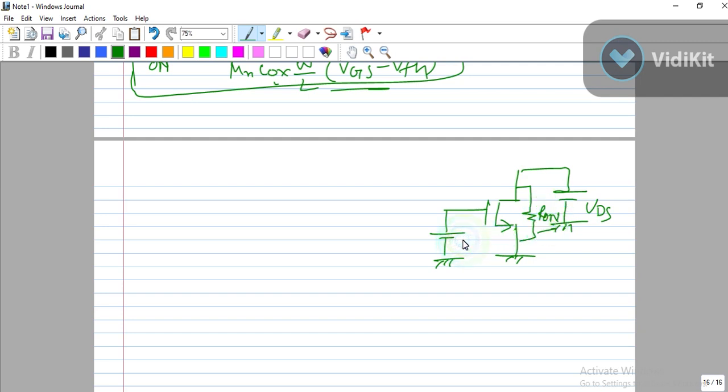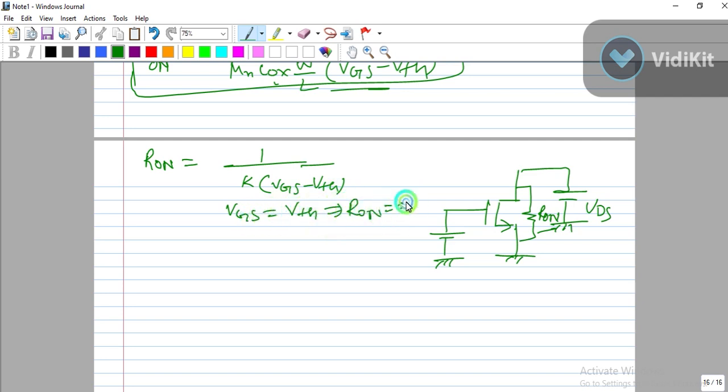If R on is infinity, when can R on be infinity? When VGS equals VTH. I am writing R on again: R on equals 1 by K (VGS minus VTH). You know K is mu n Cox W by L. If VGS equals VTH, then R on will be infinity.